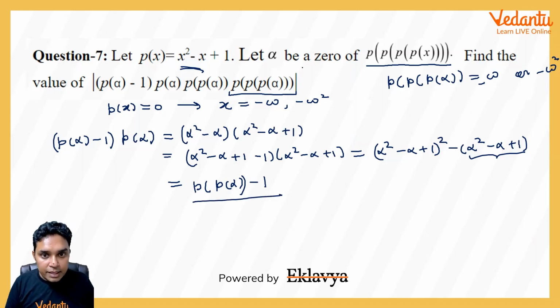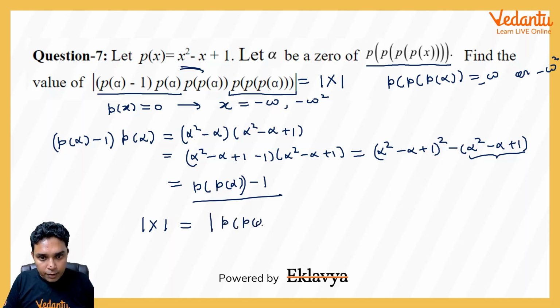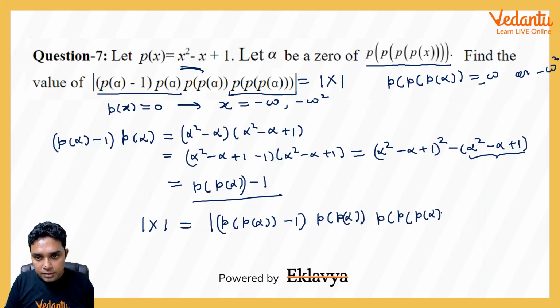So can we say that, let me write whatever they have asked, let me call this mod of, let us say capital X. So this mod of capital X, if I combine the first 2 brackets, it will become p of alpha minus 1 into p of p alpha 2 times, and then p of p alpha, here p is 3 times.